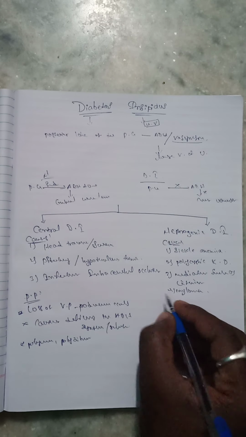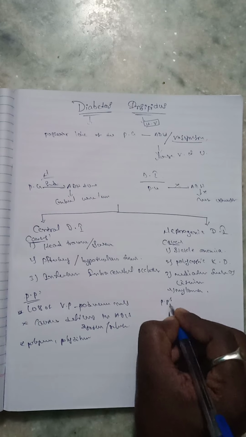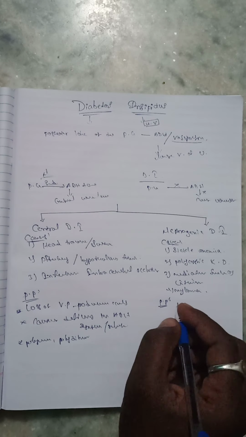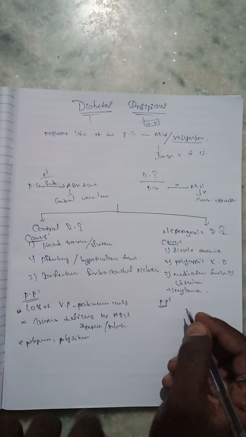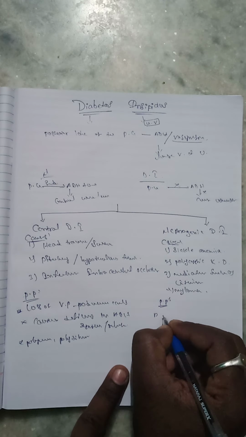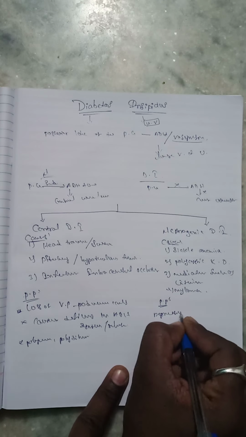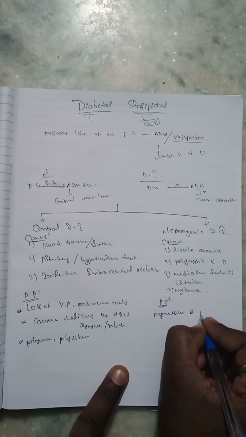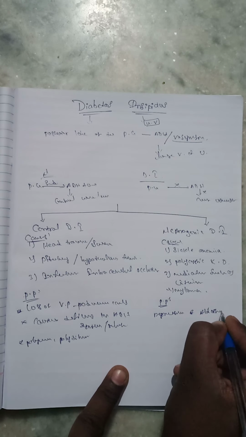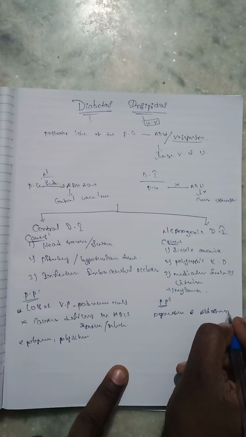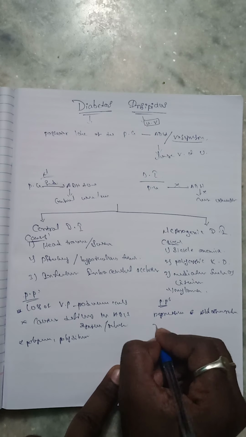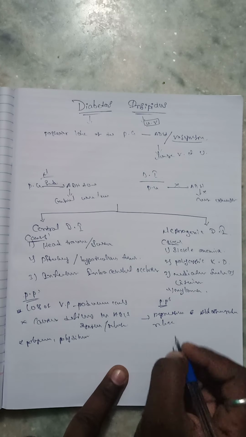And what is the pathophysiology of the nephrogenic diabetes insipidus? It is the depression of the aldosterone release. Aldosterone is one of the hormones.